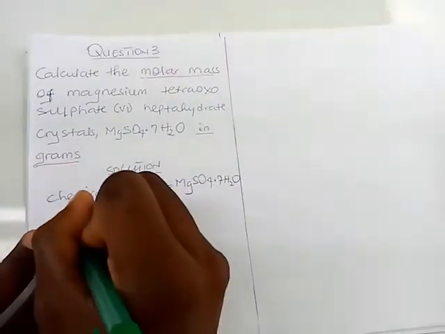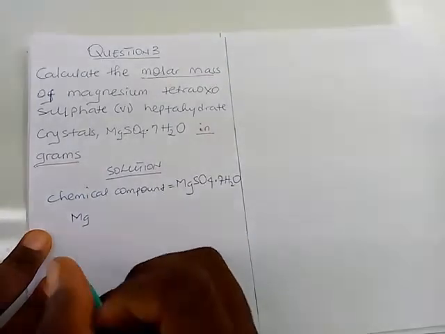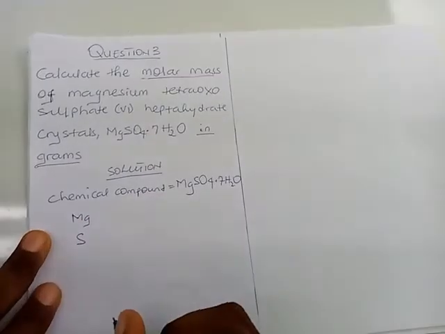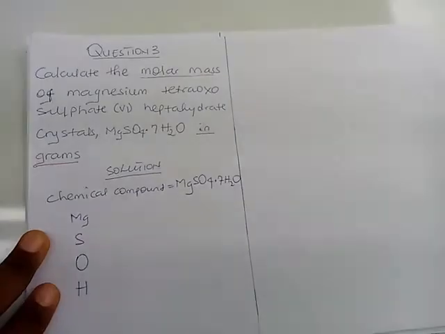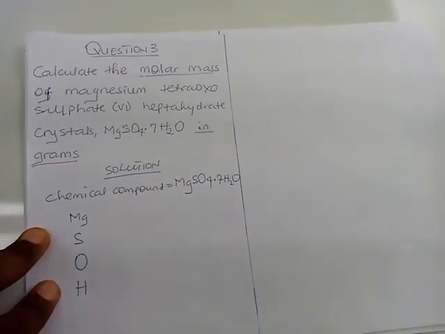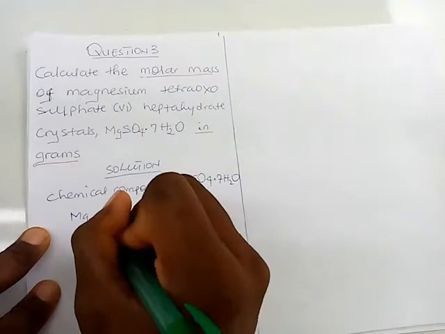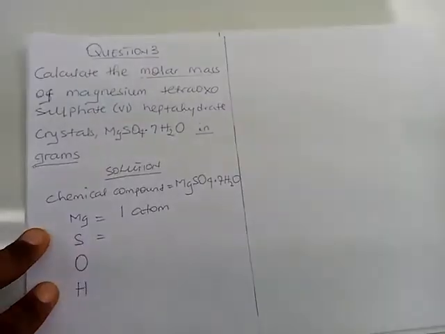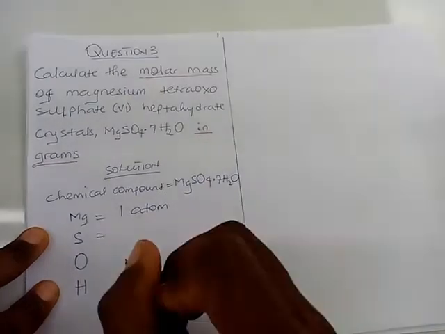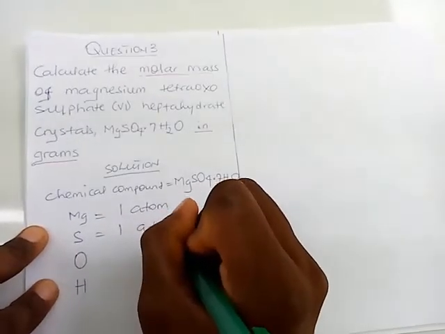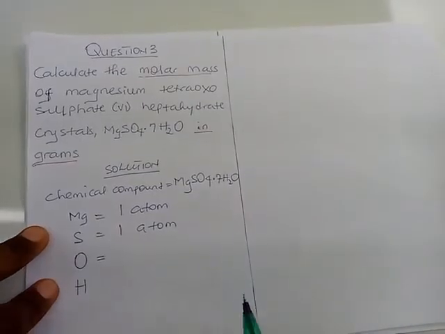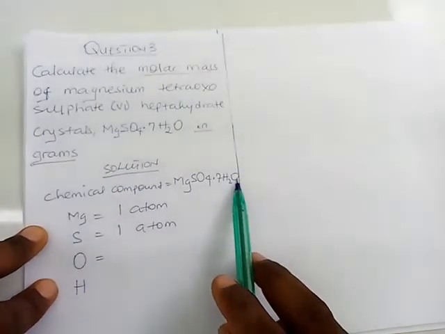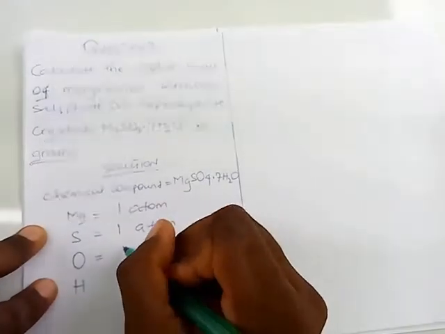So the elements, we have magnesium, then we have sulfur, oxygen, then hydrogen. How many atoms of magnesium are in this compound? We have one atom. How many atoms of sulfur? We have one atom. How many atoms of oxygen? Here we have 4 plus 1, and that's 5 atoms.